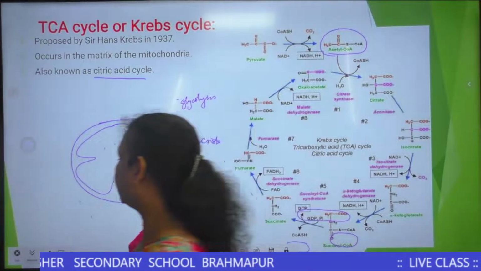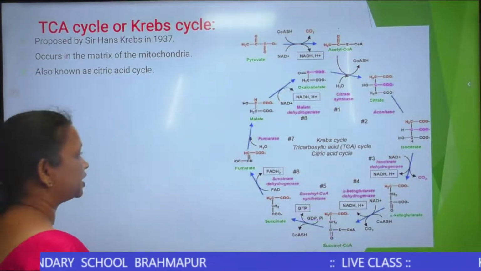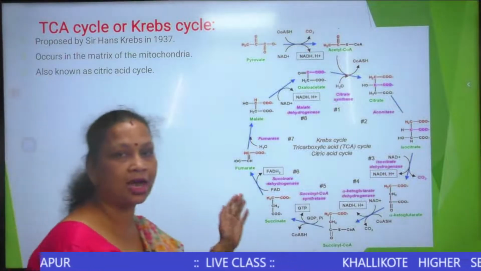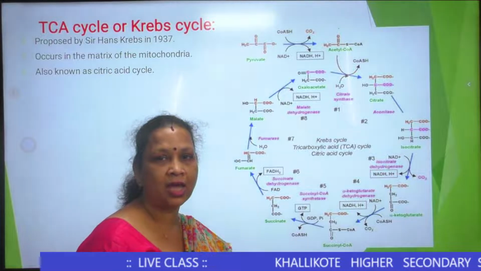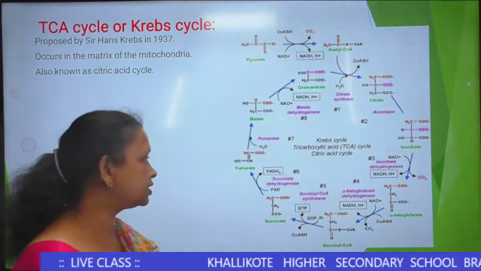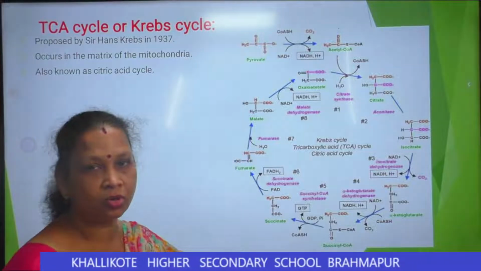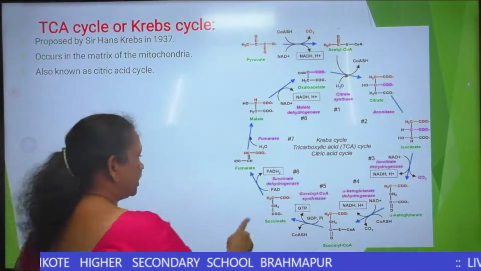So, the different reactions of the Krebs cycle can be studied one by one, where we see that carbon dioxide will be removed and oxidation results in the production of NADH and FADH2 molecule.